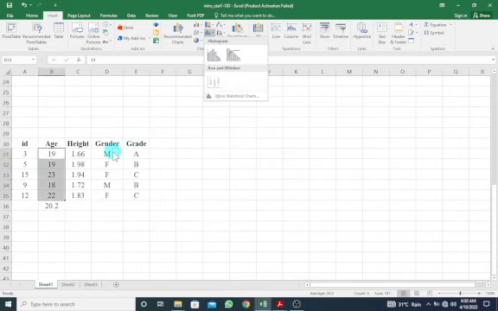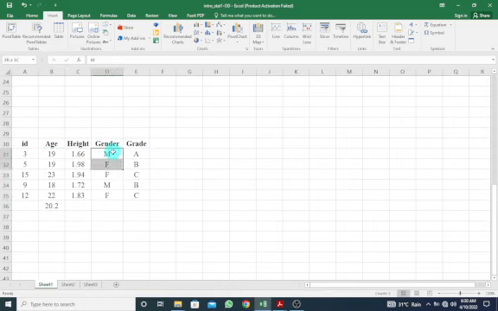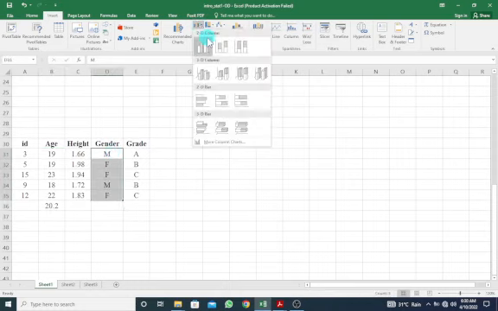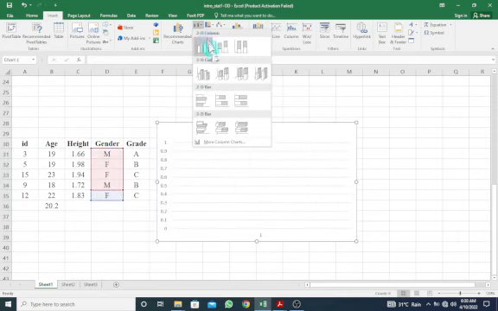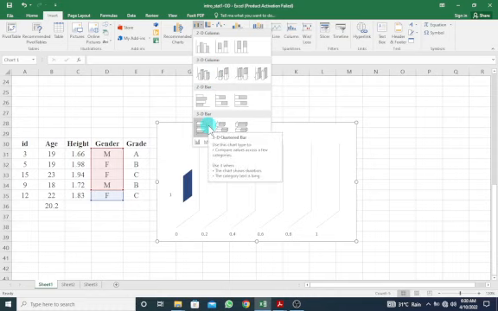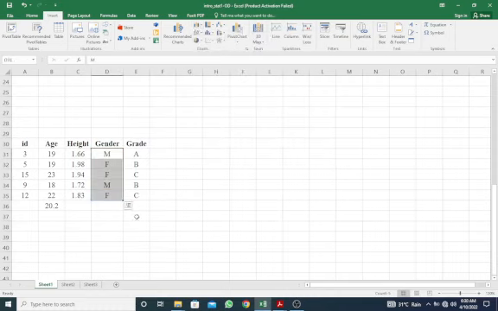For the qualitative variable, let me go to gender, for instance, I can make use of the bar graph. Because this one is too small, we don't see much of the graphs. Basically, we have graphs for quantitative variables and graphs for qualitative variables. I'm going to do separate videos on them, but just take note of that.